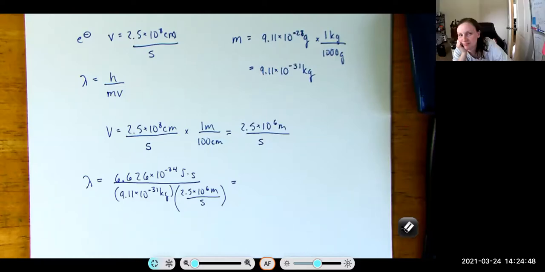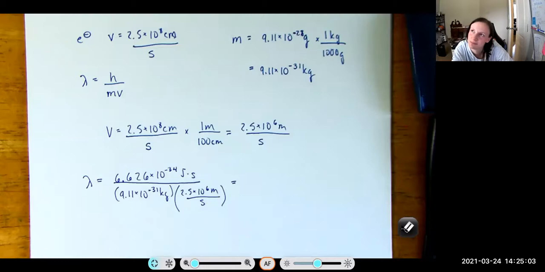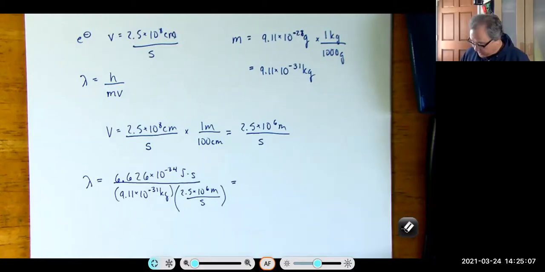Yeah, 0.3, right? Okay, so 0.3 times 10 to the minus 9 makes it 3 times 10 to the minus 10, doesn't it? I think so. So let's see what you get by putting it into your calculator.